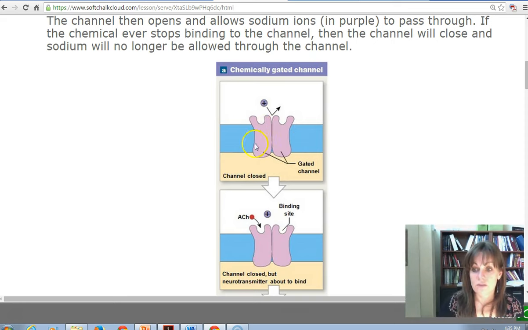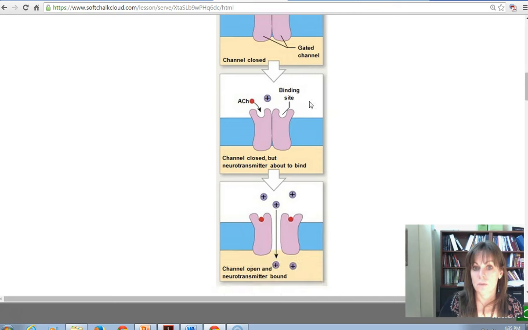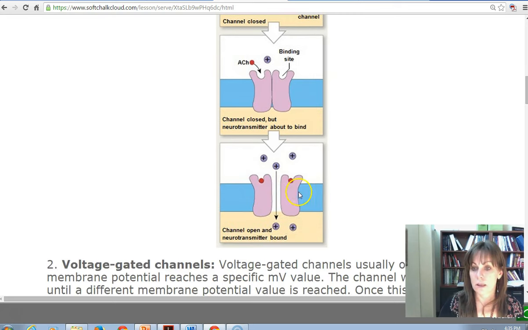These channels function the same. This is showing it's closed, and so here's sodium trying to get through, but it can't. The gate is closed. But if we look down here, the gate has opened, and so now sodium can go through.